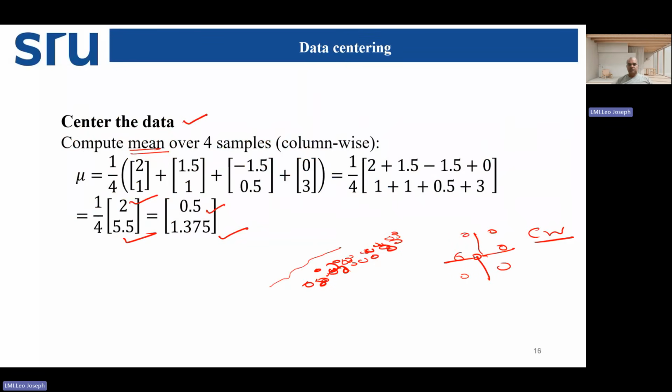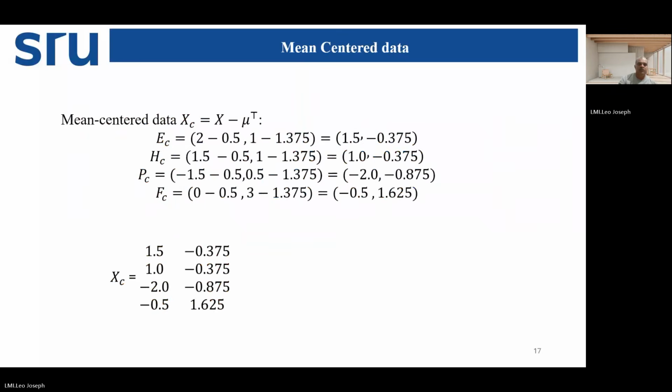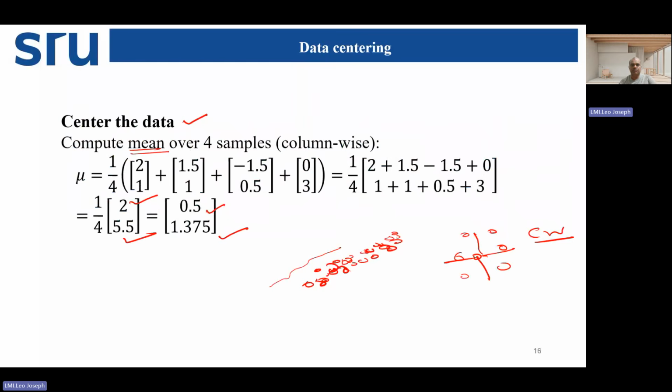So for all the data we are finding a center point according to C1 and C2. Two features we are estimating now. So the center point will be 0.5 and the other center point will be 1.375. Then the mean centered data, what we are calculating: 2 minus 0.5, 1 minus 1.375. This is the mu we have calculated.